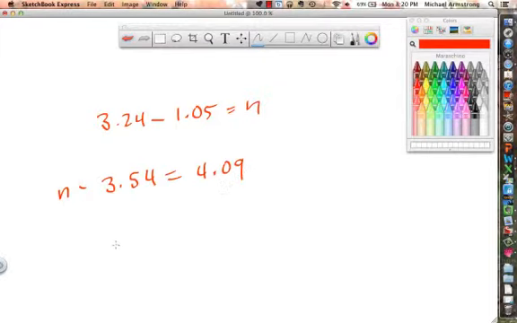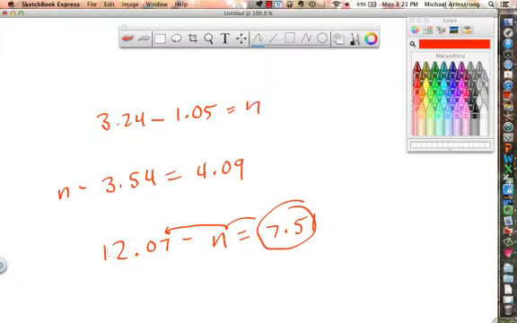The other one they might do is 12.07 minus n equals 7.51. This one is maybe the hardest one, but the truth is that if you add this to n, you get this.